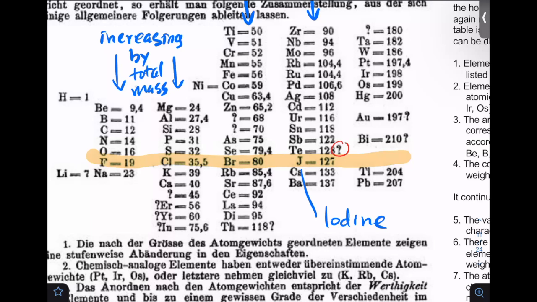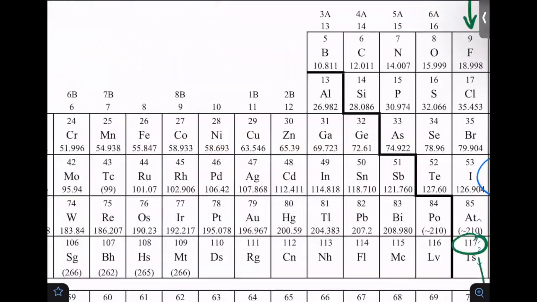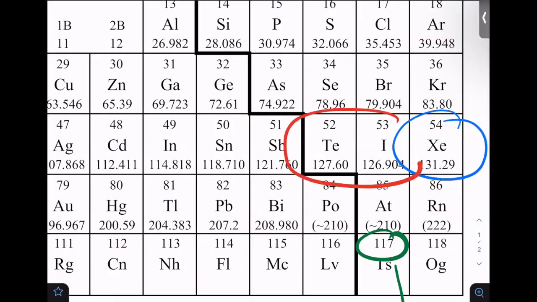Right? Here's a hint: protons and neutrons. Okay, they didn't know about those. So Mendeleev was smart enough to recognize that maybe something else is going on. I'm going to put these out of order, but I'm going to highlight that. Now, if you look at our modern periodic table, here's tellurium and iodine.